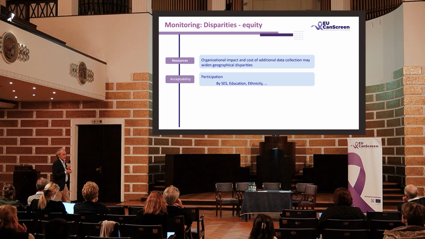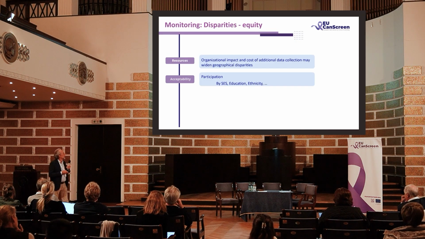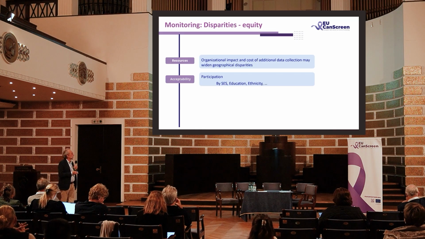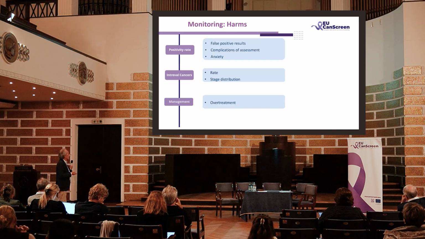In terms of monitoring, we should of course monitor disparities, because we are worried about disparities. We should monitor harms, which is one of the main issues that can distinguish the different groups.